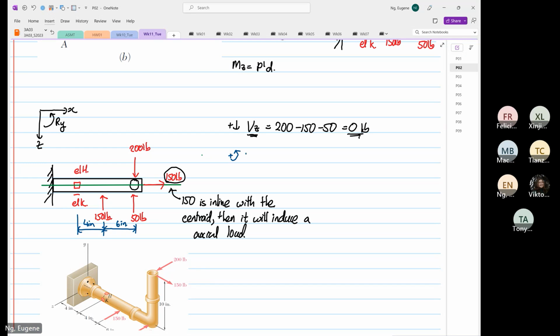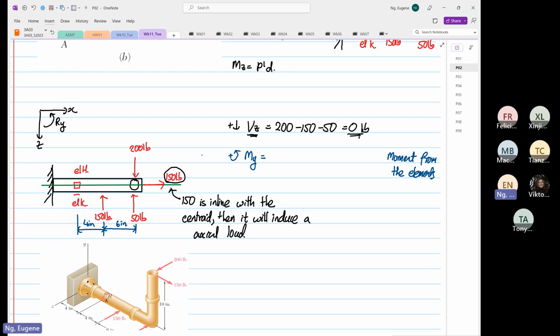So moment in the y direction is equal to, what we are doing now is taking the moment at element H and element K, from the elements, because at the elements is where we're going to assume the point of interest, or sometimes where maximum stress will occur, right?